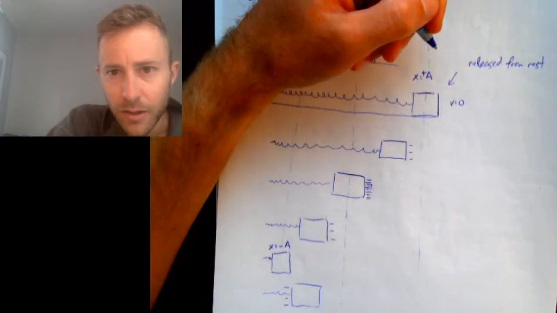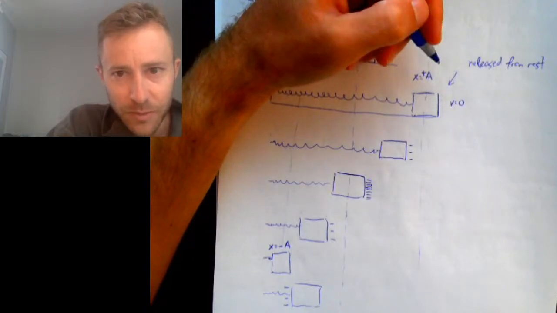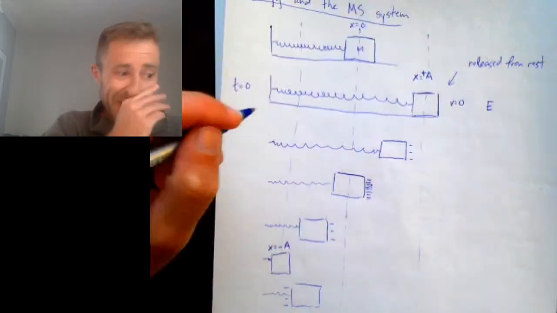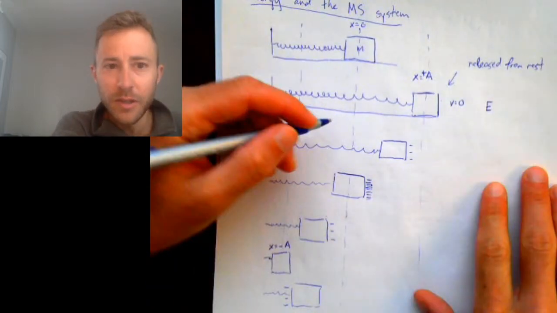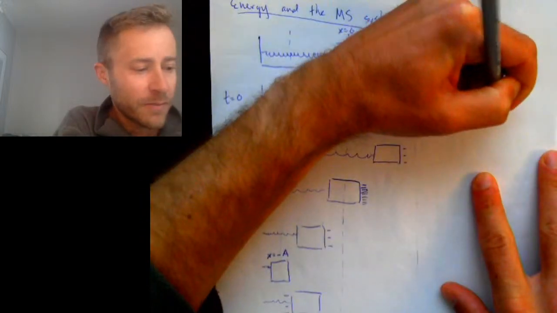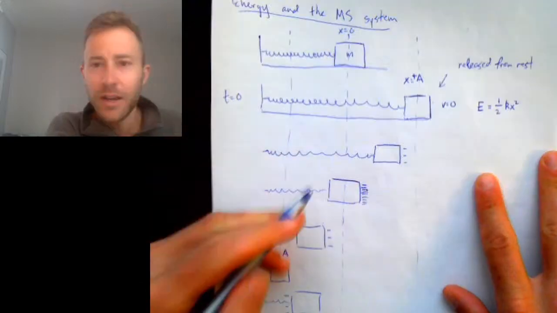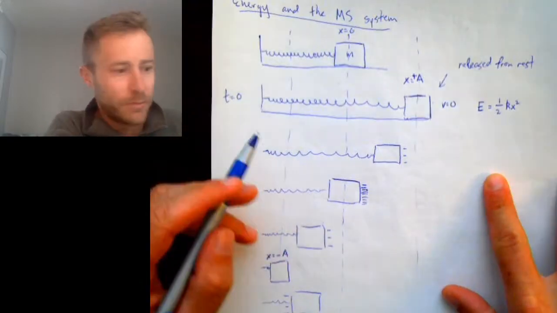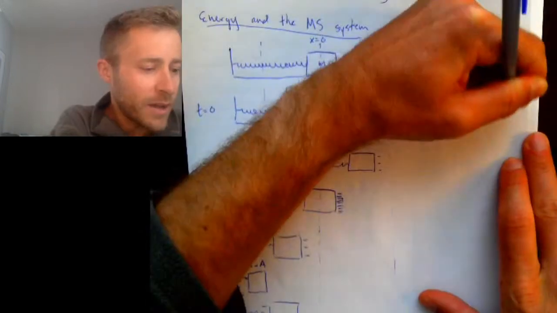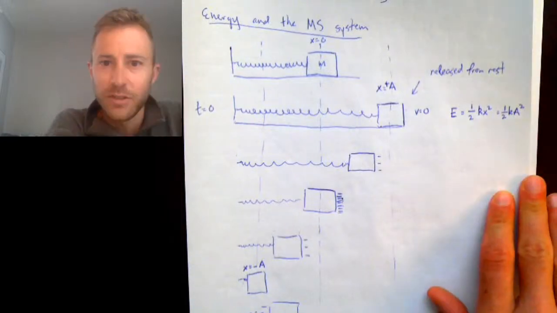So when we think about the energy of this system, the energy is all going to be elastic potential. So it's going to be 1/2 k x squared. But the x value is one amplitude. So it's 1/2 k A squared is the energy at that moment.